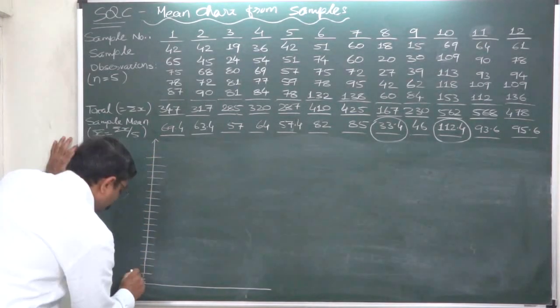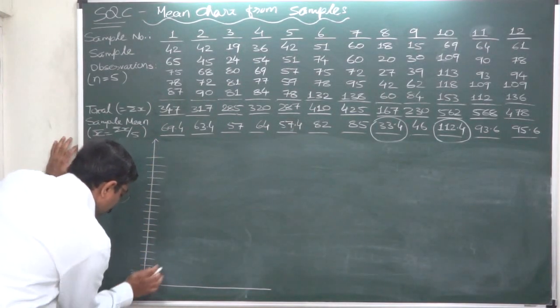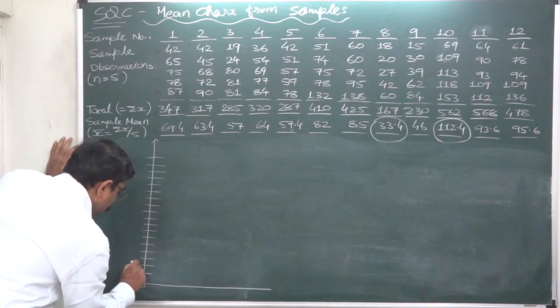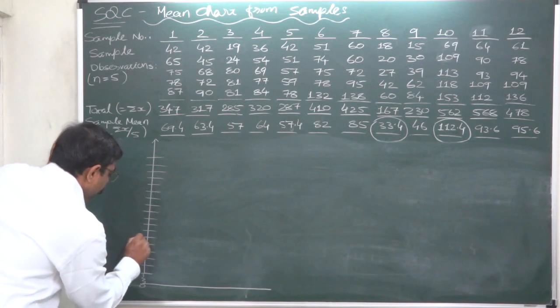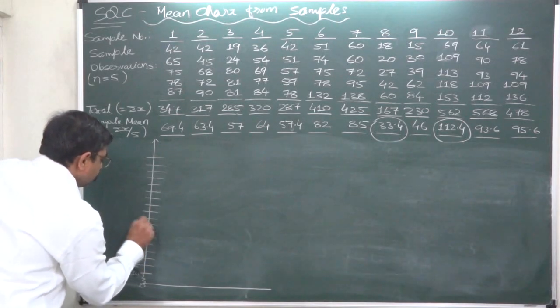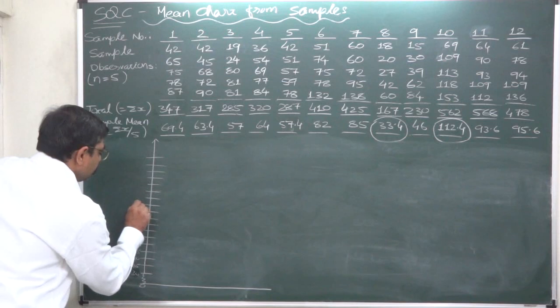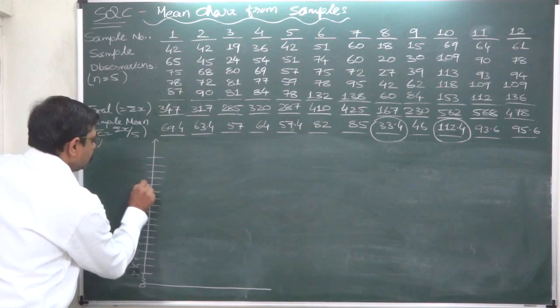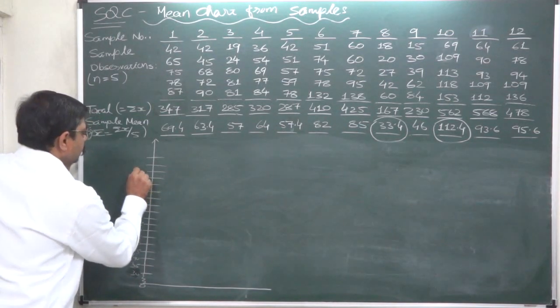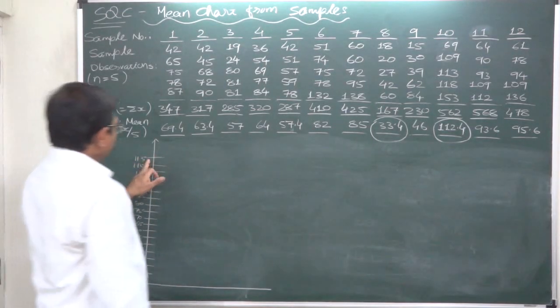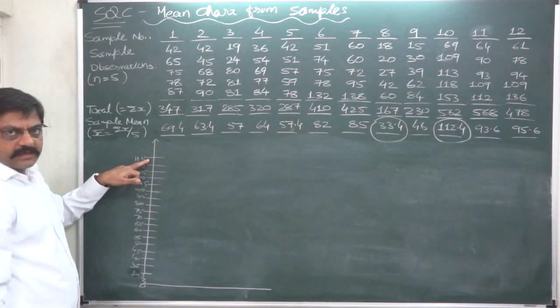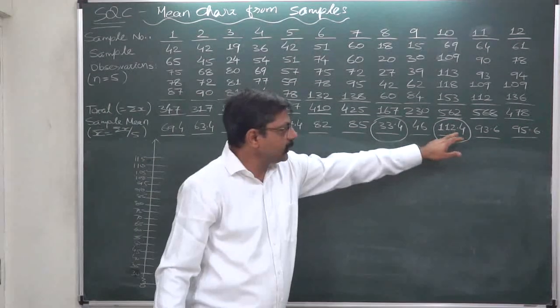Okay, the highest value we have taken is 115, so that we can plot 112.4.